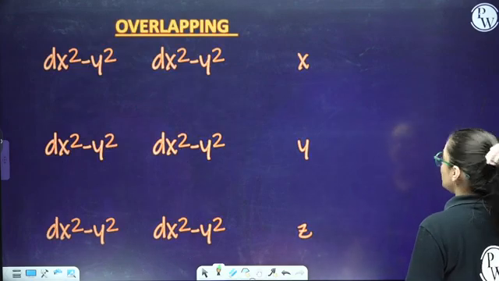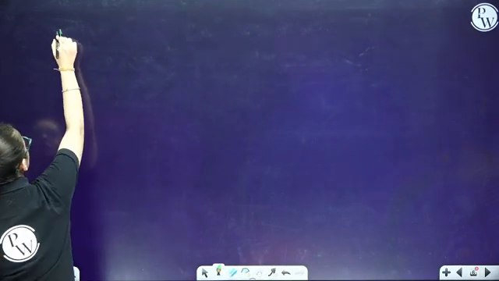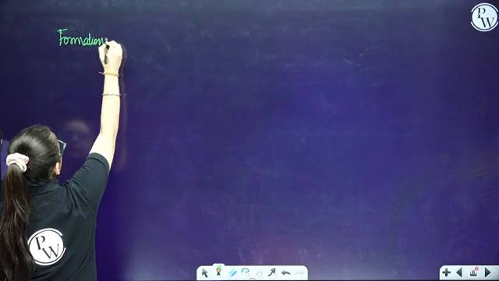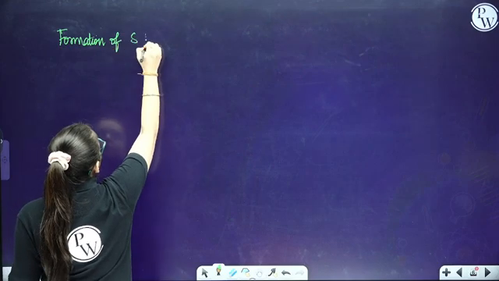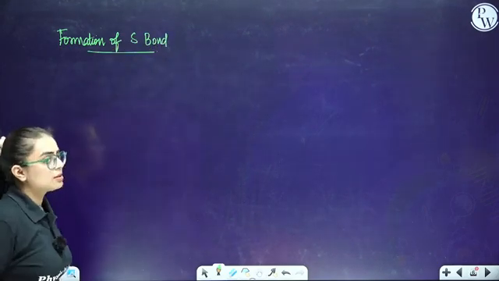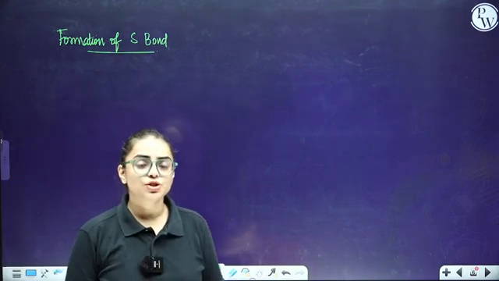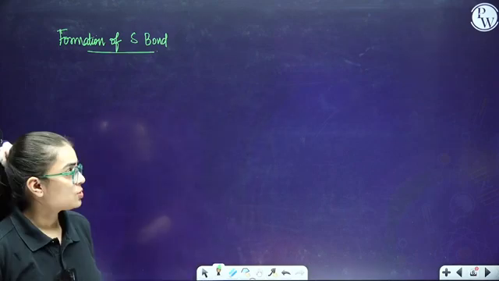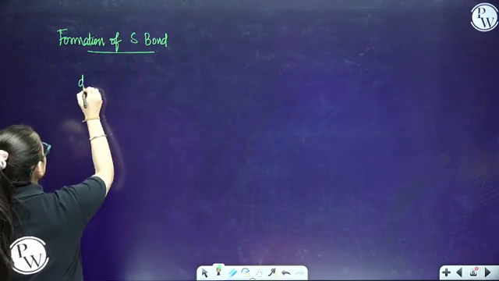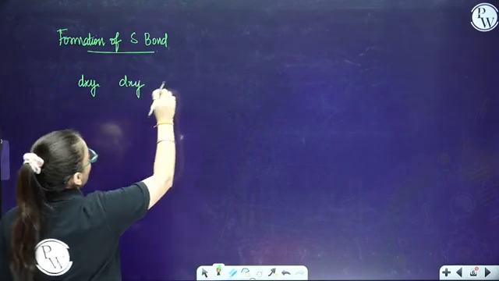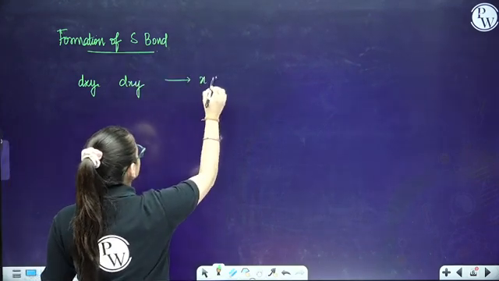Now students, we are going to start the formation of delta bond, how delta bond is formed. Here I am going to take some cases in which we will get to know about the formation of delta bond. So here I am taking a case of dxy and dxy on the x-axis. No, let us not take it on the x-axis.